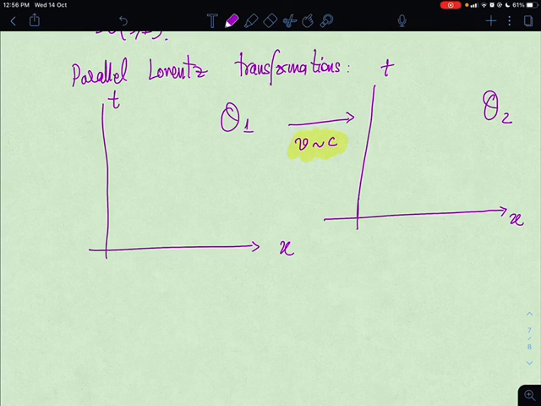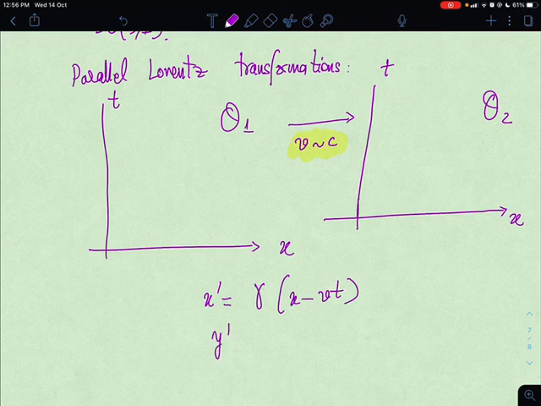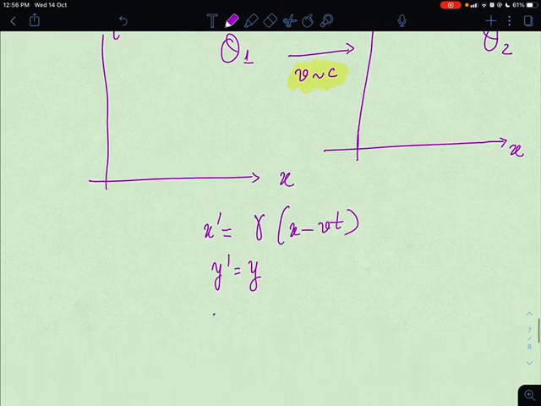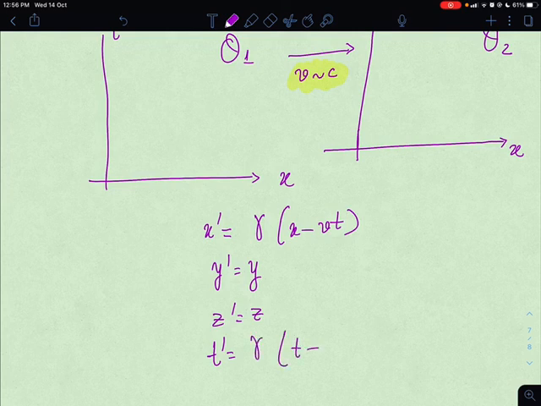The Lorentz transformations are given as follows. x prime is equal to gamma (x minus vt), y prime is equal to y, z prime is equal to z, t prime is equal to gamma (t minus vx by c square).